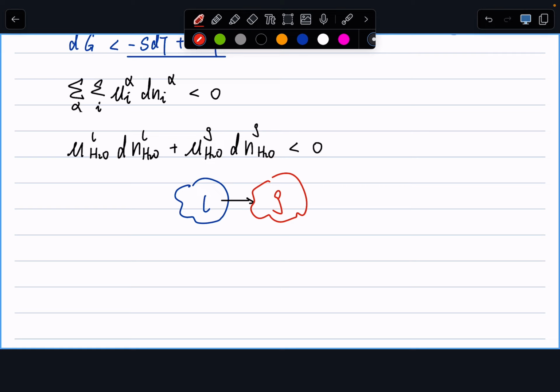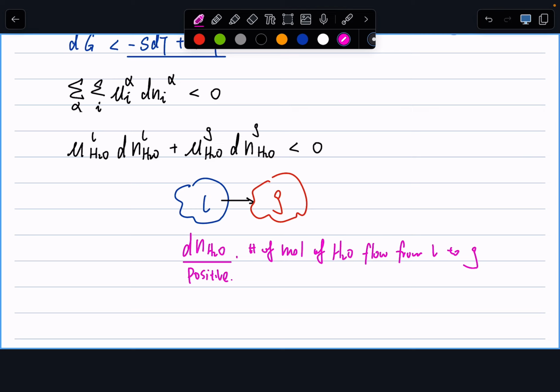We define dnH2O as the number of moles of H2O flowing from liquid to gas, and this is always a positive, non-zero number. It describes the number of moles of liquid water that's being transferred into vapor at 5,000 Kelvin, right?